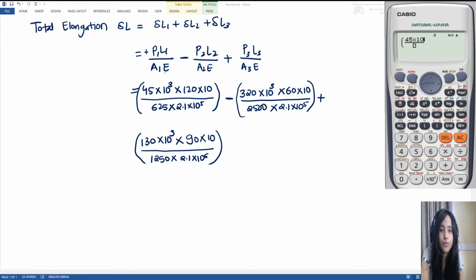45 into 10 raised to power 3 into 120 into 10 divided by 625 into 2.1 into 10 raised to power 5, minus 320 into 10 raised to power 3 into 60 into 10 divided by 2500 into 2.1 into 10 raised to power 5, plus 130 into 10 raised to power 3.